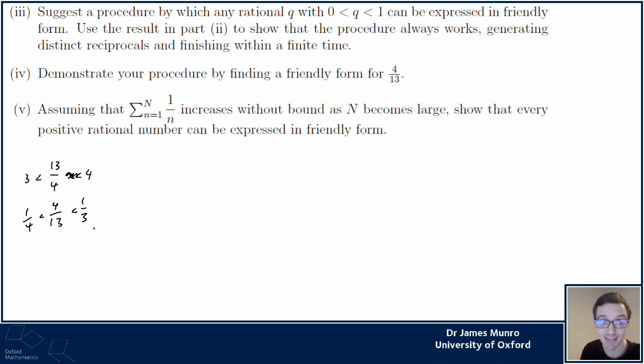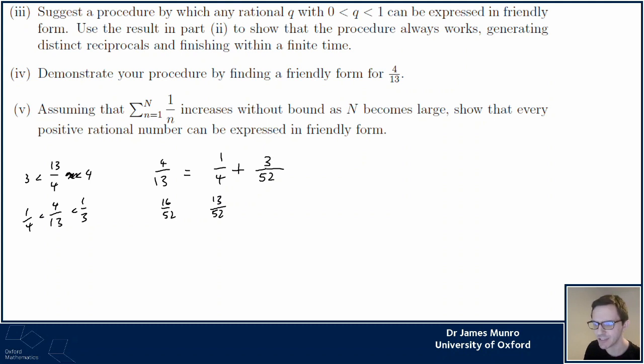The procedure says I should be subtracting the biggest possible bit I can each time. So I'm going to write 4/13 is 1/4 plus something over 52. This was 16 over 52, this is 13 over 52, so this is 1/4 plus 3 over 52. And look, this numerator has got smaller.